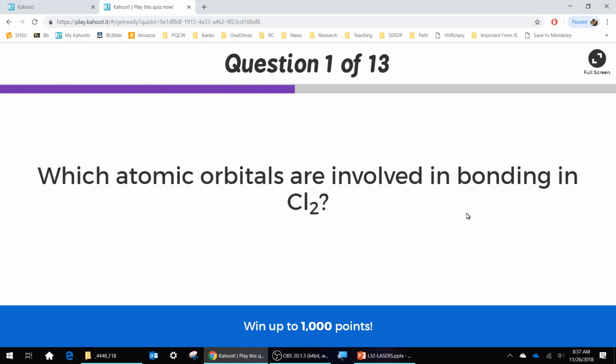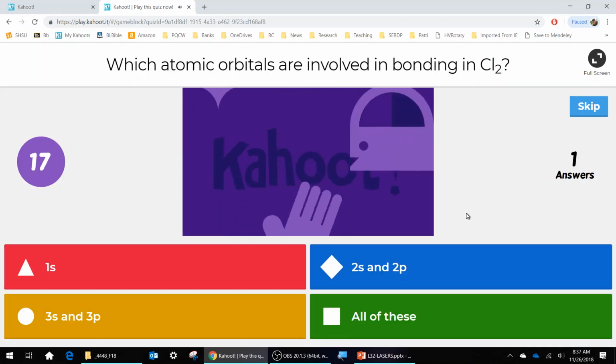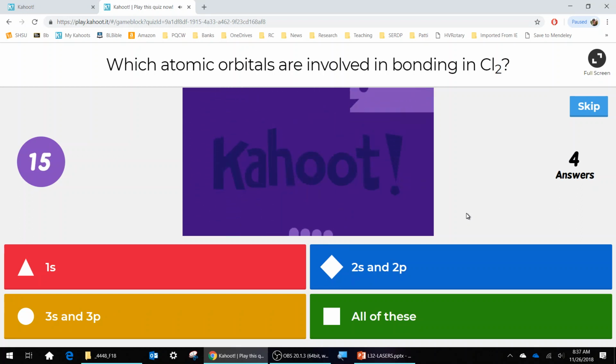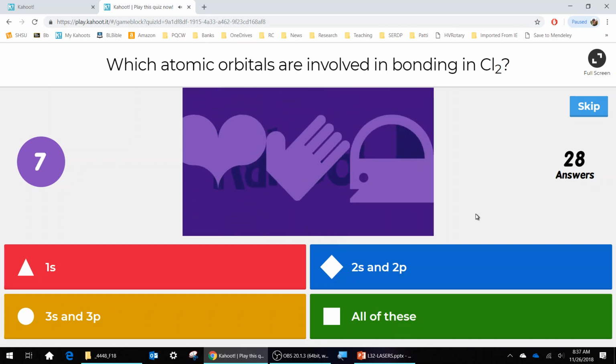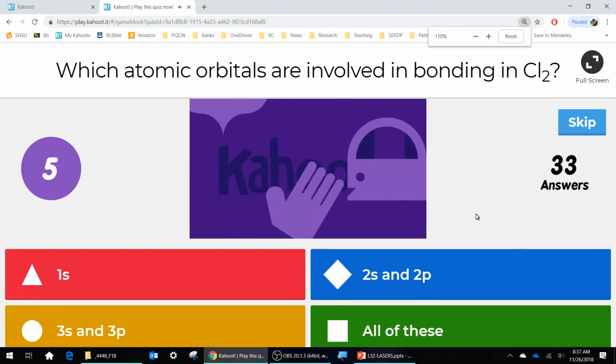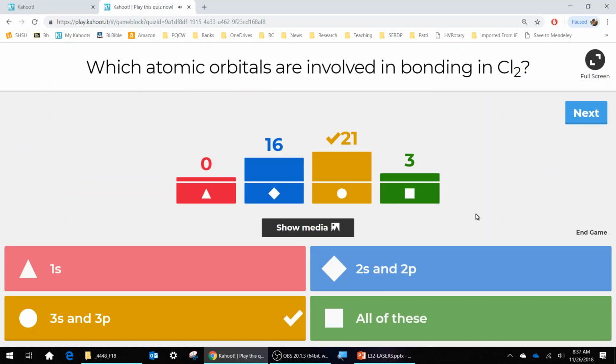Okay, so which atomic orbitals are involved in bonding in chlorine 2 or Cl2? So the red is 1s orbitals, the blue is 2s and 2p, 3s and 3p is orange, and all of these is green. Okay, it's a 3s and 3p.